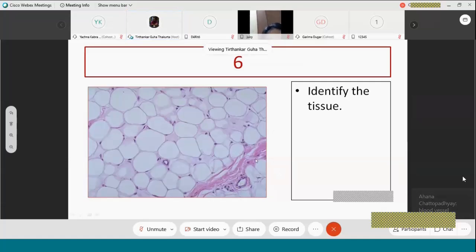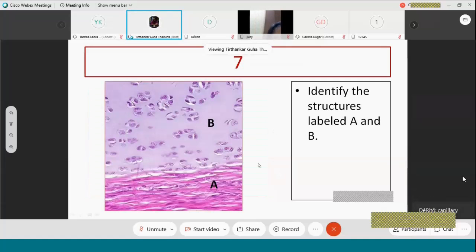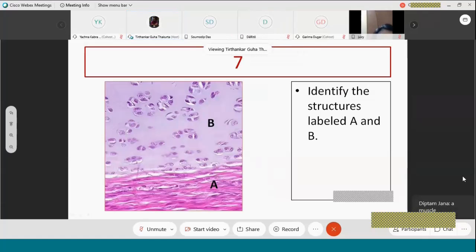Can you identify the tissues labeled A and B? What kind of tissue is A and what kind of tissue do you think is B? A is smooth muscle.